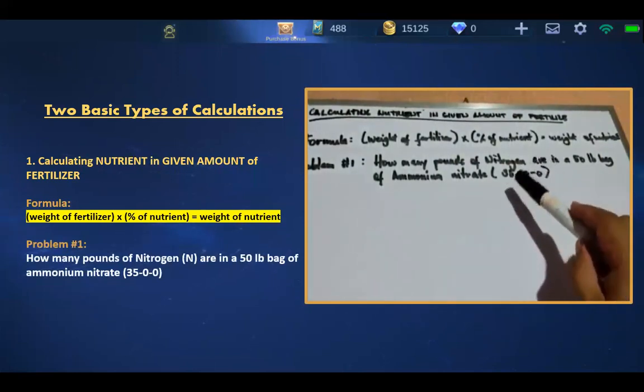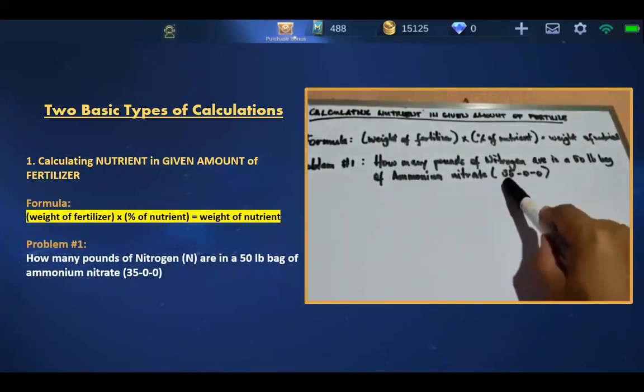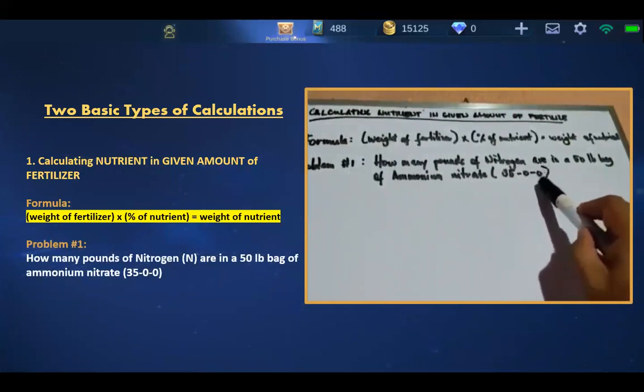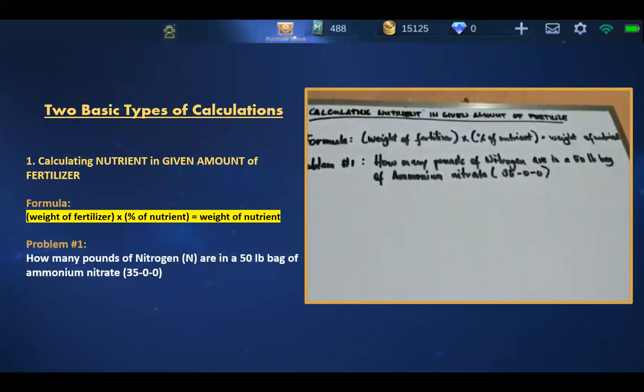Remember that 35 means the percentage of nitrogen, which is 35%. The 0-0 means phosphorus and potassium are not available because that is ammonium nitrate.